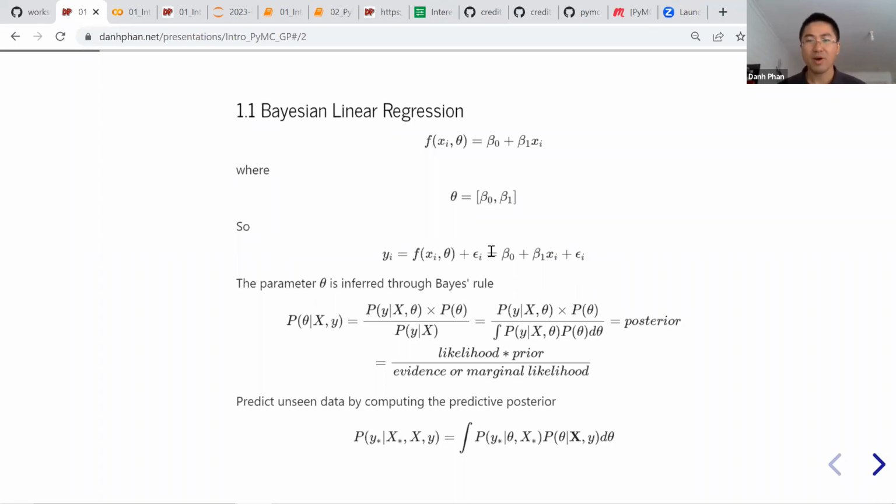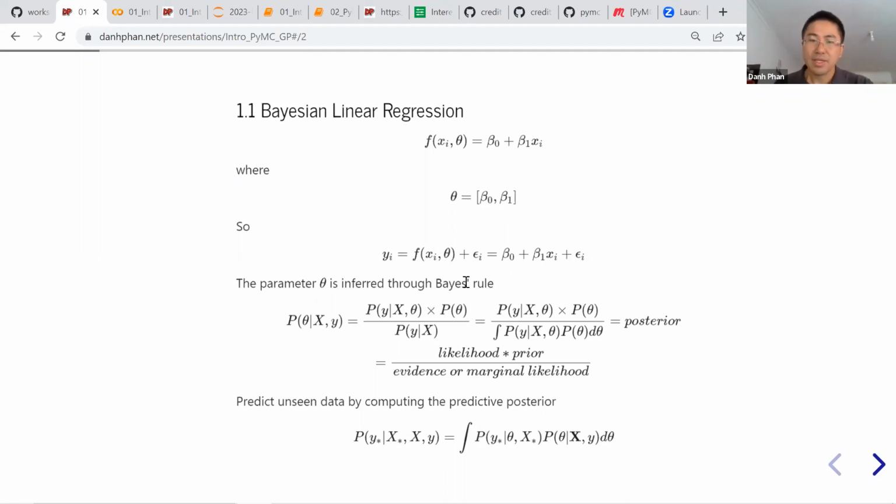We can have a more complex function with more parameters, maybe beta 0 plus beta 1 x_i plus beta 2 x_i squared, if we have a quadratic function, or we can go higher, like x cubed, but it will overfit or become very complex.